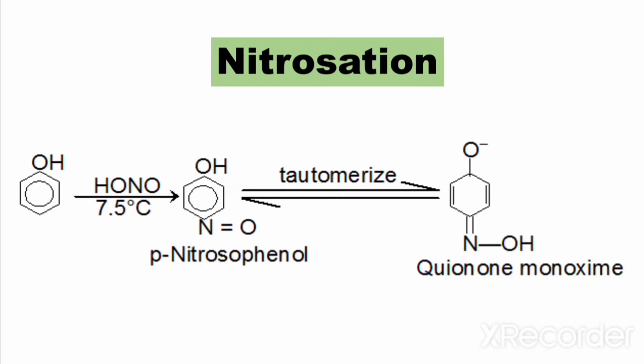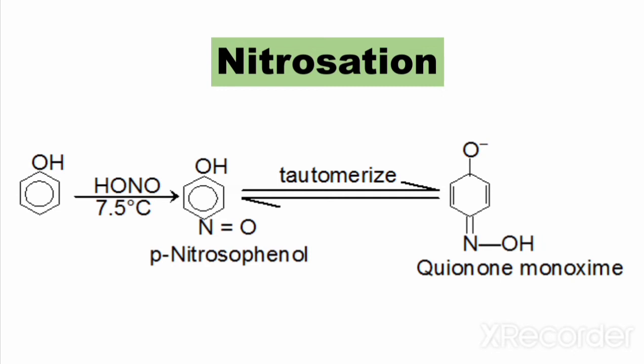So when the tautomerization occurs, it will rearrange, and the hydrogen from the hydroxyl group will form a bond with the oxygen, and the nitrogen and oxygen bond will break.